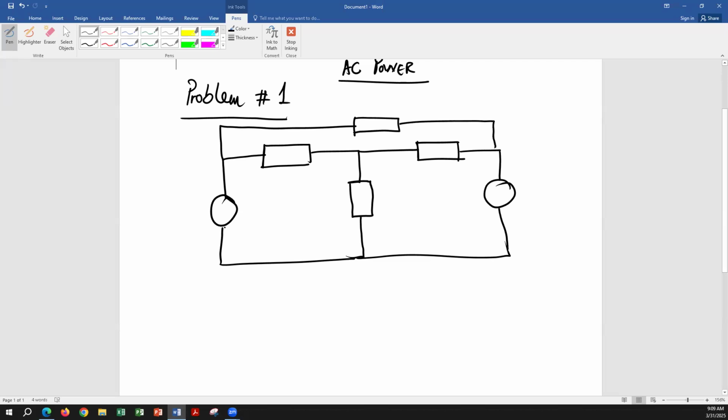Okay, these boxes that I'm showing, they are impedances. So instead of showing them separately as resistors, inductors, and capacitors, I'm just going to put impedance in there.